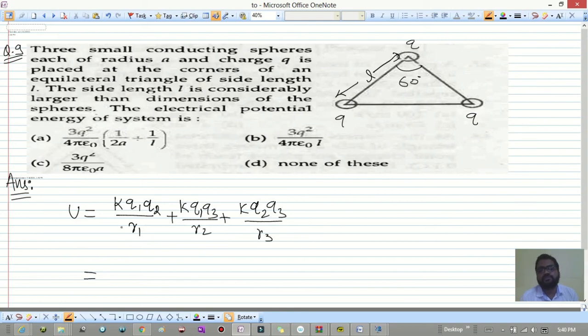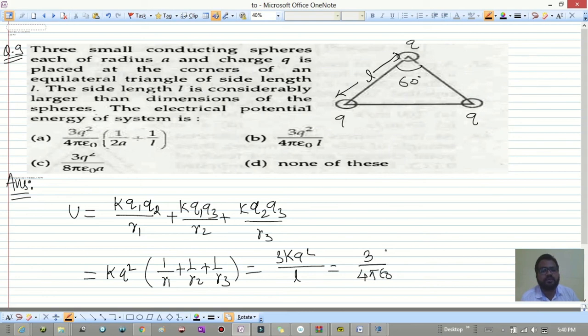So we have K Q squared common times 1 by R1 plus 1 by R2 plus 1 by R3, but over here R1, R2, R3 are the same, so 3 K Q squared divided by R, where R is L. This equals 3 divided by 4 pi epsilon naught, Q squared into 1 by L. So it is very simple; it will be option B.